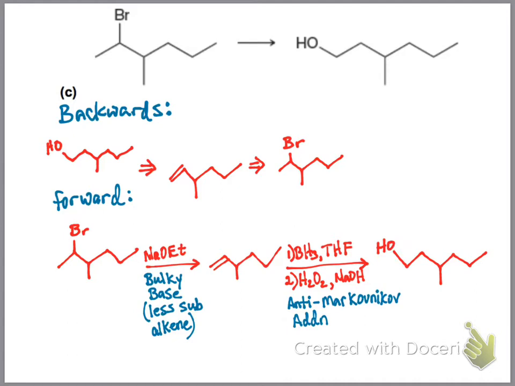Let me fix this. So we would use sodium or potassium t-butoxide to give us the least hindered alkene here.